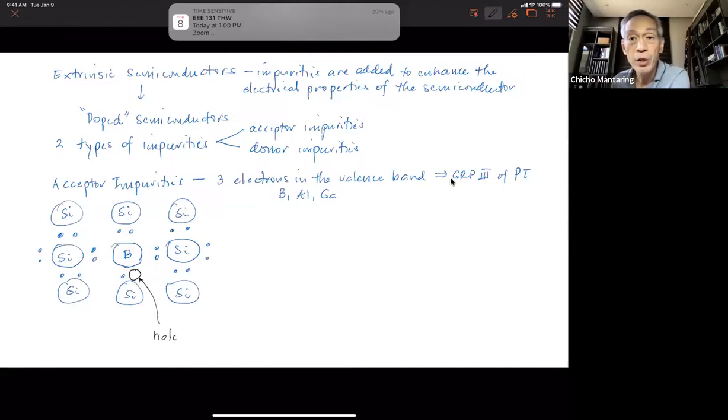So when you dope a silicon with an acceptor impurity, for every impurity atom, you create 1 hole. Now, this is assuming that we have what is called total ionization. Total ionization means that all of the impurities end up being ionized. So you end up with 1 hole.